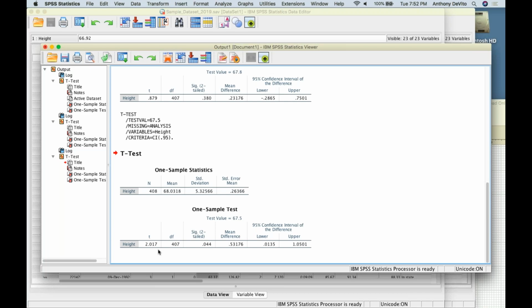We want less than a 5% chance of being wrong, right? So if I go over here, the probability of me being wrong, the significance two-tailed, is 0.044. There's only a 4.4% chance I'll be wrong if I reject the null hypothesis. Since I'm willing to accept up to a 5% chance of being wrong, I can reject the null hypothesis.